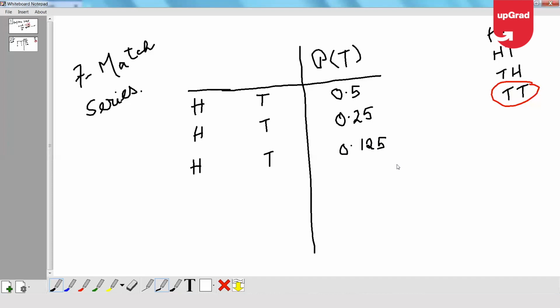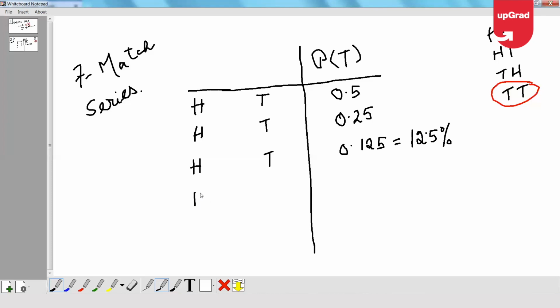So you have encountered an incident whose chances of occurrence in reality is 12.5% only. But do you doubt this scenario? You will say, no, it's okay, we can have that.